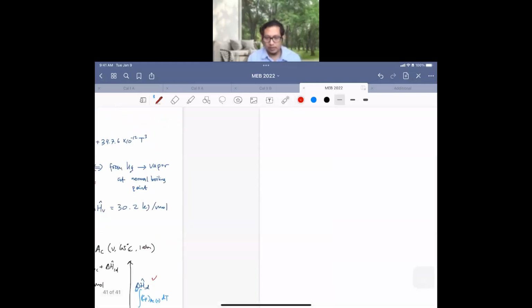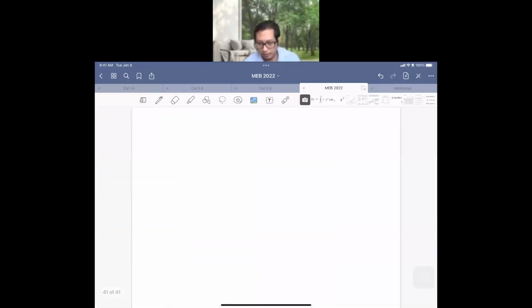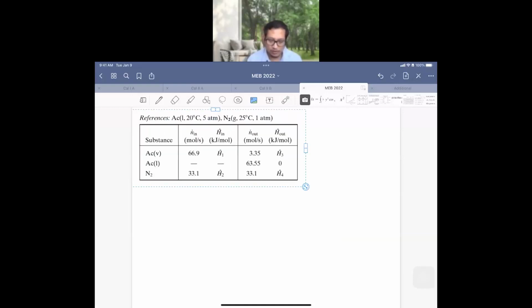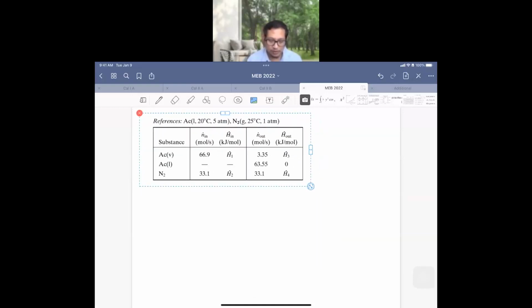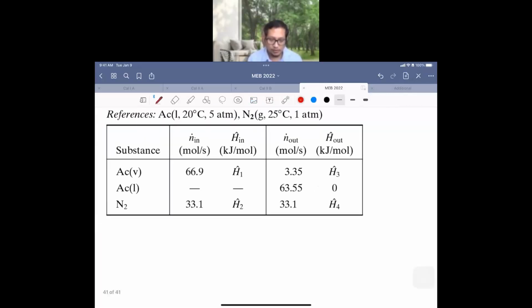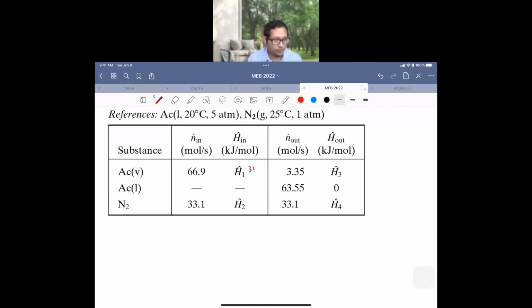Now, actually this is the table that we did before. So H1 is 35.7, and doing the same way with H1, we would get 1.16, 32, and negative 0.1.